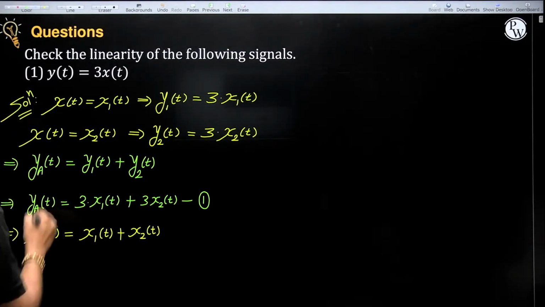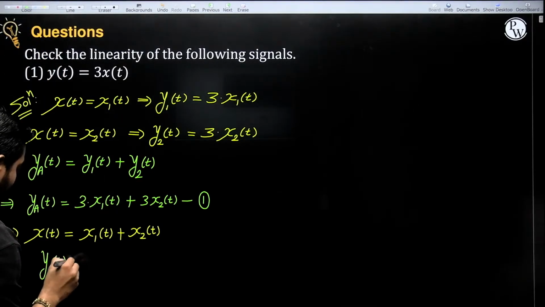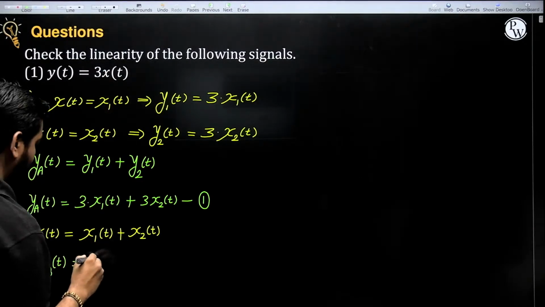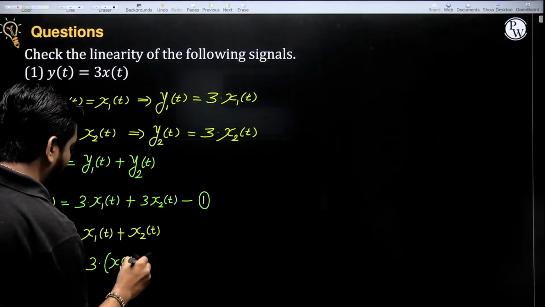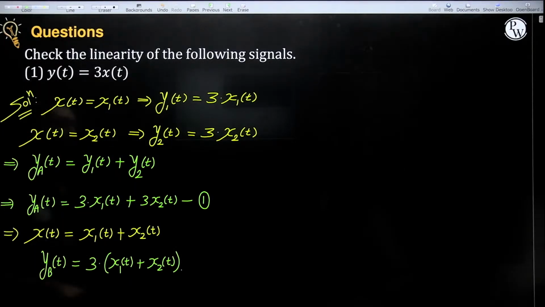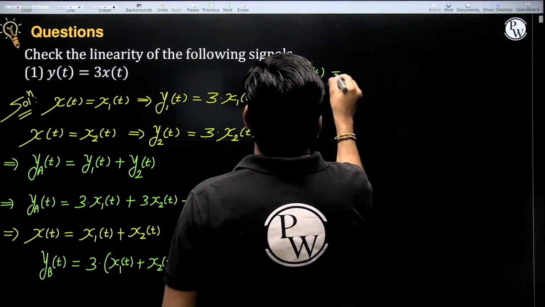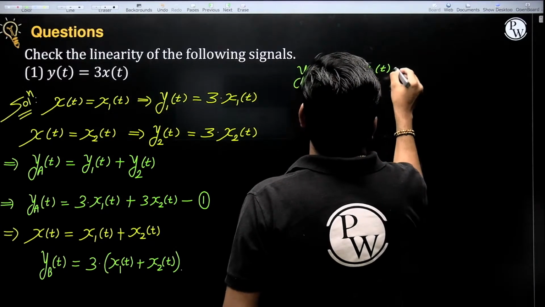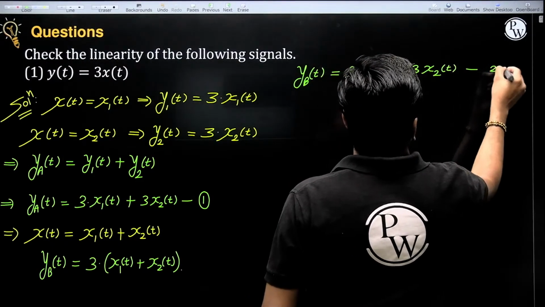So yb of t is equal to, now replace x of t with x1 plus x2, so 3 times x1 of t plus x2 of t. So yb of t is equal to 3 times x1 of t plus 3 times x2 of t.